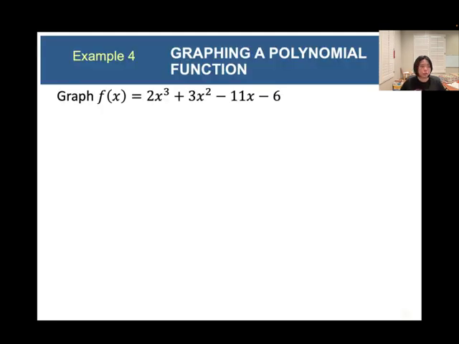Okay, let's try to do this example together. So, write it down. What are your possible rational zeros? We're going to look at the p, right? p will be -6, and then the q will be 2. What is the combination of the possible rational zeros? p over q.